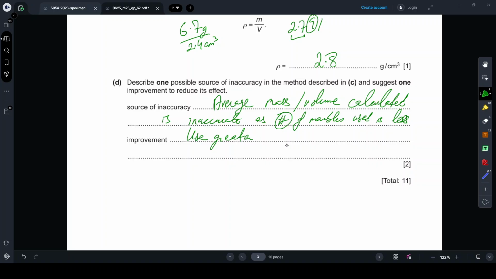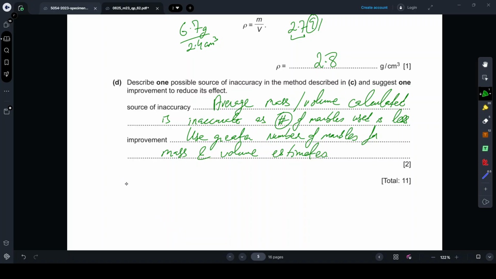Okay, don't use the hash in your paper. Write number of marbles for mass and volume estimates. Okay.